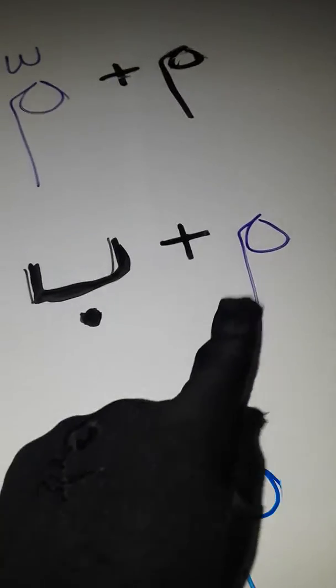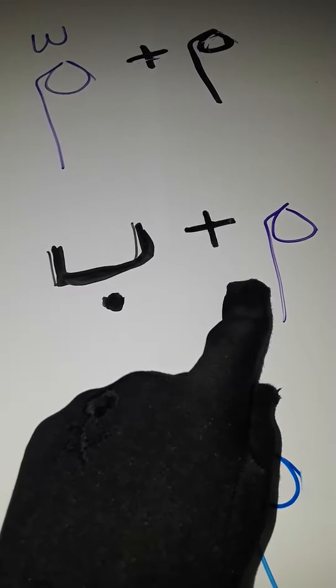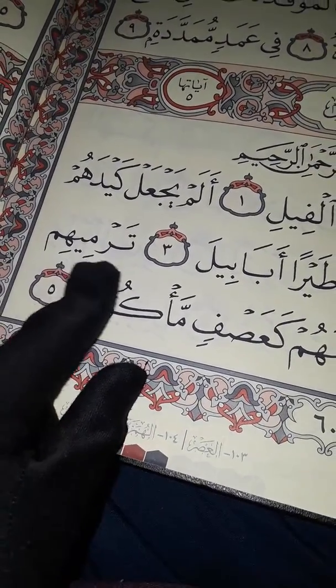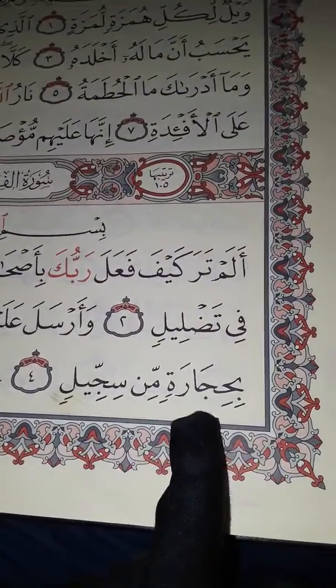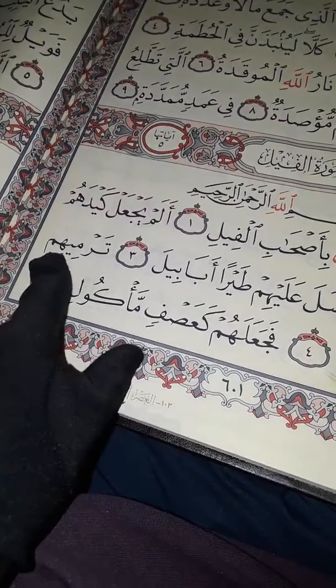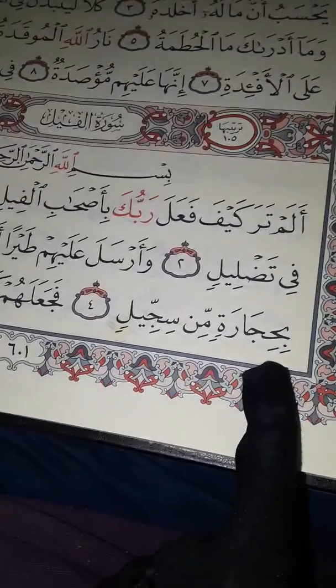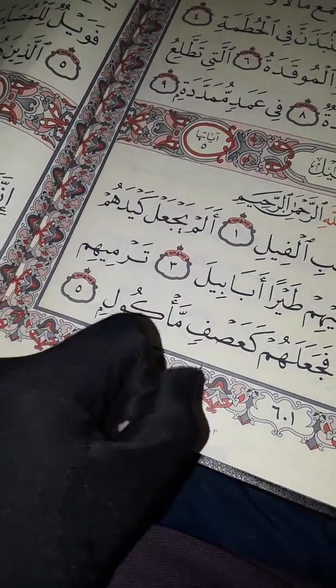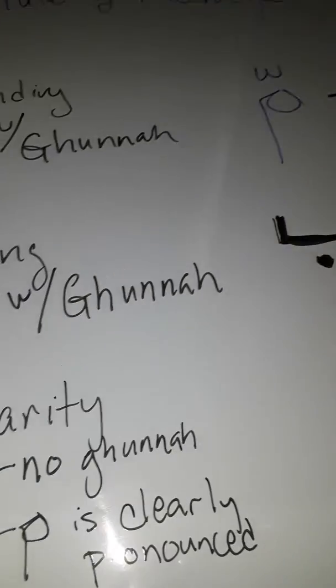You just use the meme with the ghunna for two harakat until you do the ba with its vowel. So here we have tarmihim bi, right? We hold that meme for two harakat before we go to the ba with kasra. Him bi. So it's a very simple rule.